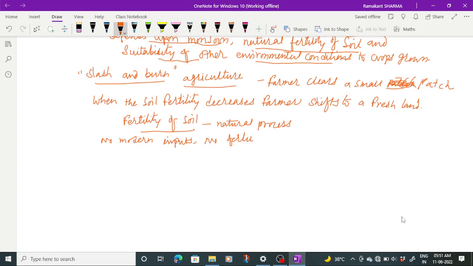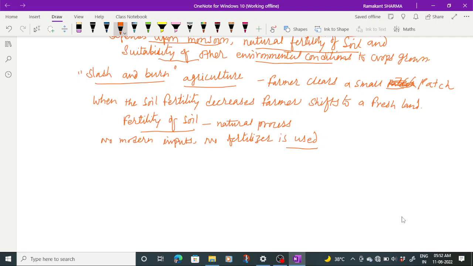No fertilizer is used in such farming, it only depends upon the natural process.